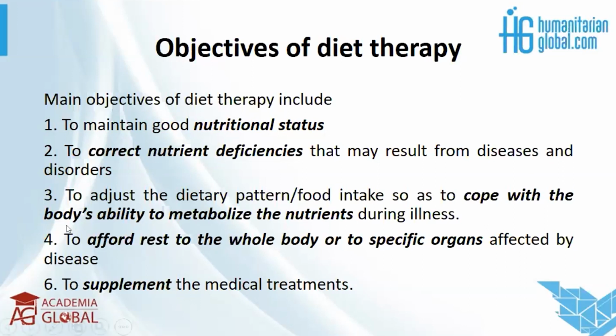Number 3, we also have the diet therapy in order to help the body to cope or to have the ability to metabolize the nutrients during illness. I will also give an example here and say that in some illnesses, I pick on maybe diabetes, we have a problem with glucose metabolism.